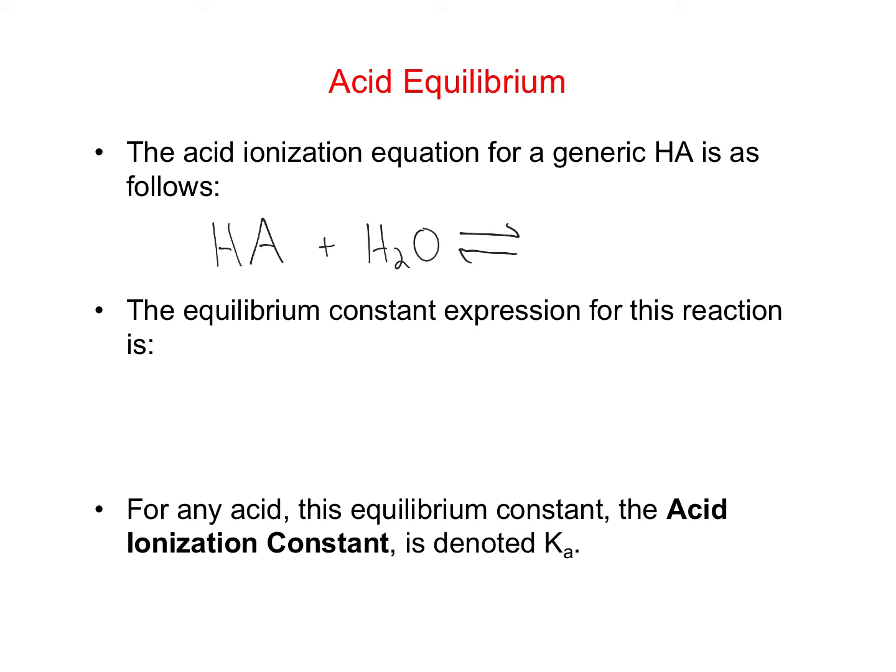That would be implying that this is a weak acid. If it was a strong acid, then I would just use a one-sided arrow, and then we have A minus and H3O plus. And I should put in the states.